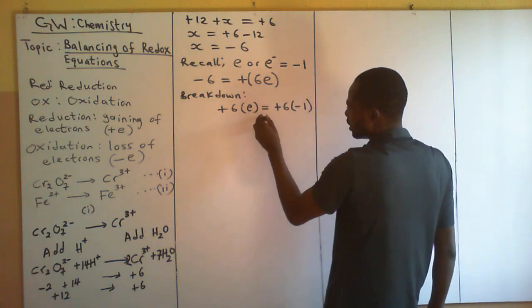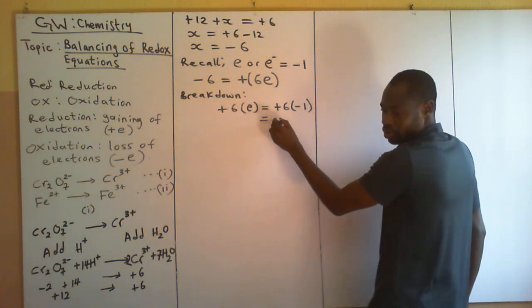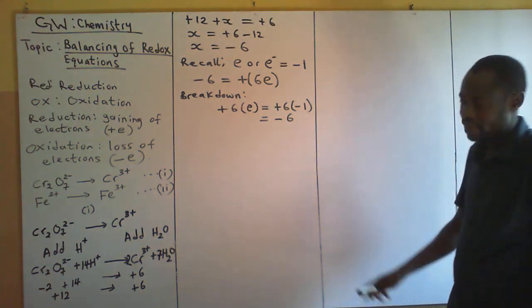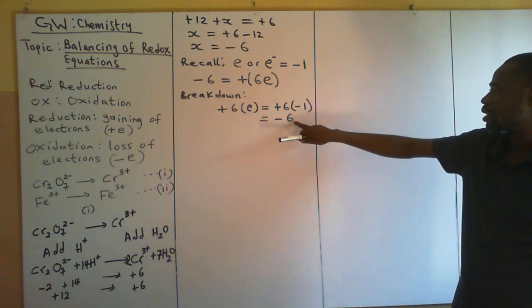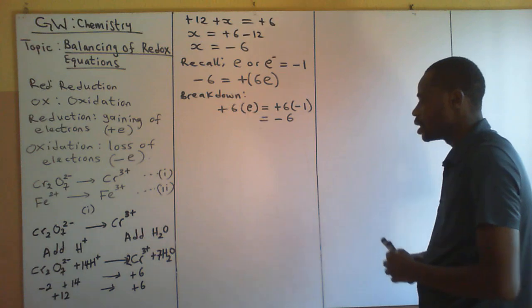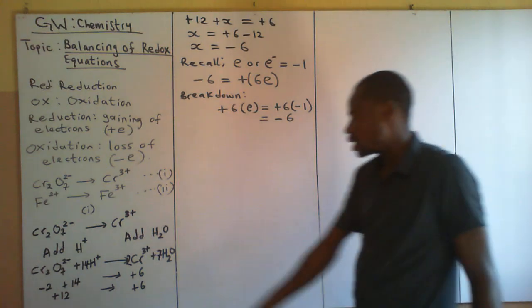If you multiply this, it's going to give you minus 6. Therefore, this will be added to the left hand side. We write the equation now.